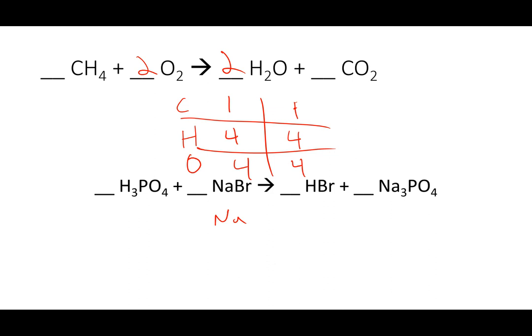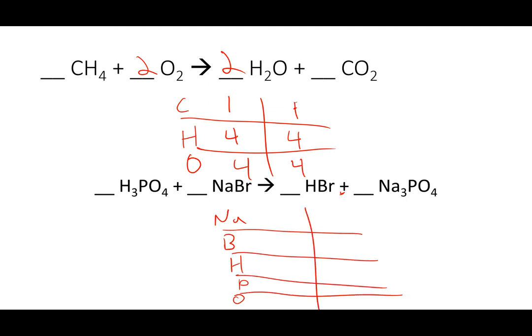What elements do I have on the left side here? I've got Na, Br, H, P, and O. I've got quite a few here. I'm going to make a big table. And how many do I have on the left side of each?